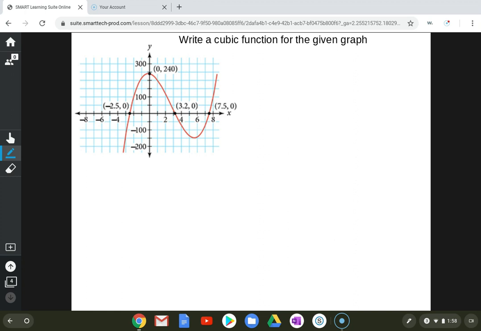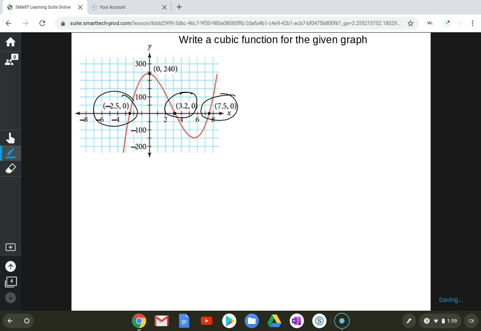All right, the last thing that we are going to do today, this is our last slide, a short lesson covering two sections. So the last thing we're going to do today is learn how to write a function based on a graph. And when you do this, you look at the x-intercepts.